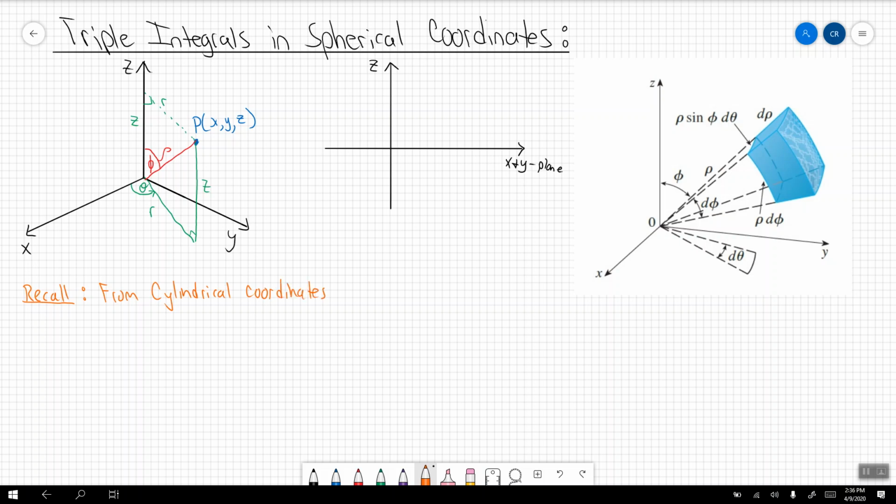What we need to recall is that every x coordinate was given by r cosine theta, every y coordinate was given by r sine theta, and then we also had x squared plus y squared is equal to r squared. And then we also had that z was just equal to z. Okay, so I'm going to keep this in mind.